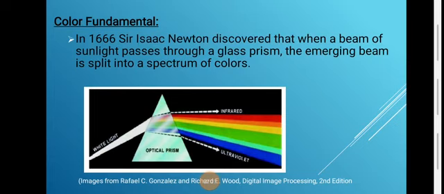So, color fundamentals. We have gone through this in our lower classes in physics labs. When we pass white light through an optical prism, we get the VIBGYOR colors. In the same way, raindrops act as a prism and produce the rainbow. This is the basic principle behind the rainbow.